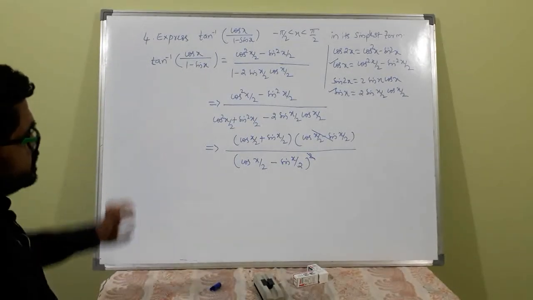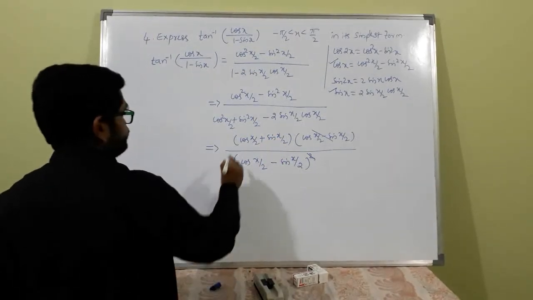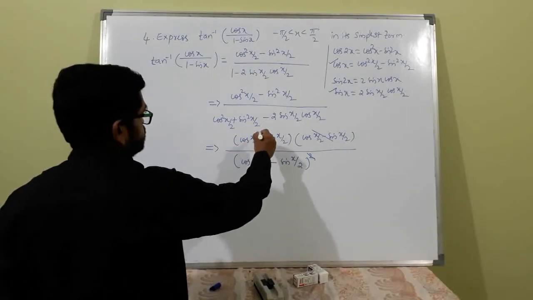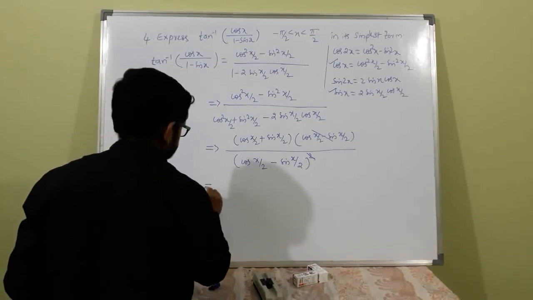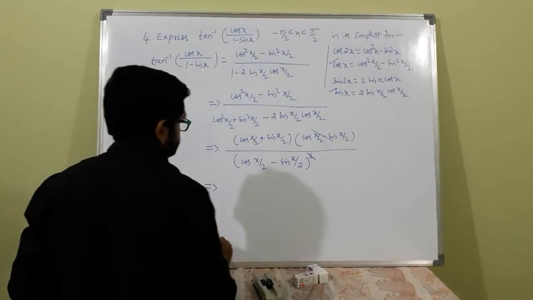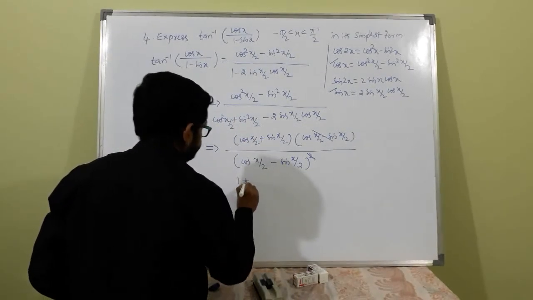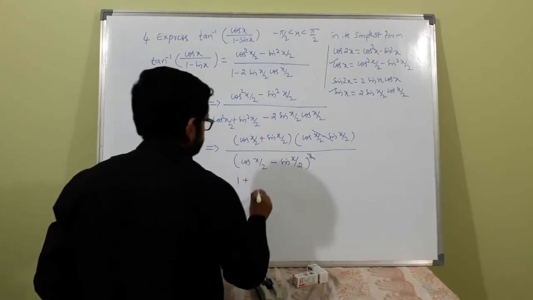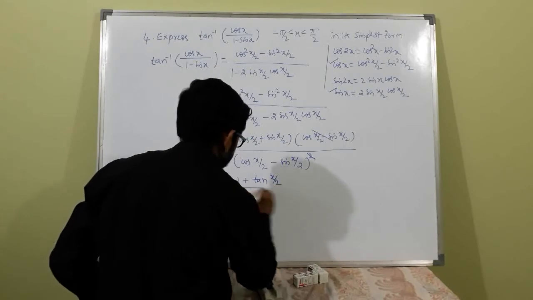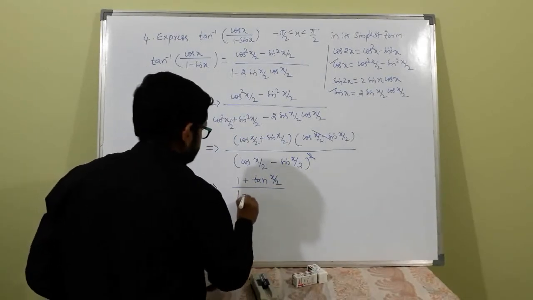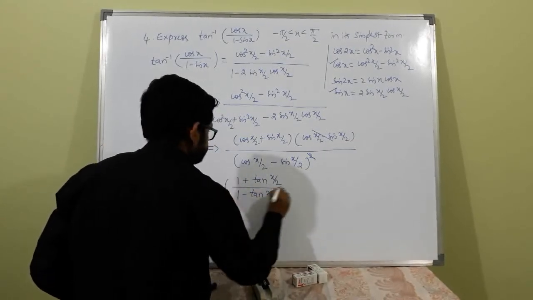So what remains is cos x by 2 plus sin x by 2 over cos x by 2 minus sin x by 2. If you divide numerator and denominator by cos x by 2, this implies cos x by 2 by cos x by 2 is 1, sin x by 2 by cos x by 2 is tan x by 2, so 1 plus tan x by 2 divided by 1 minus tan x by 2.